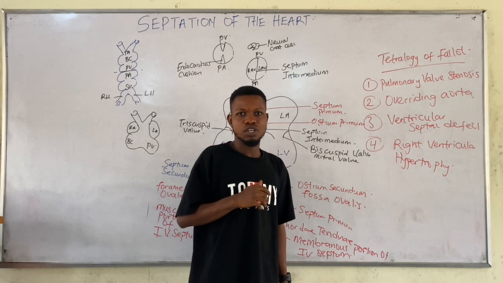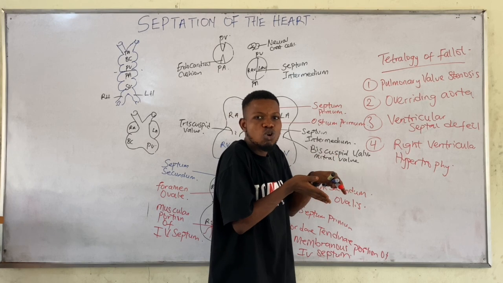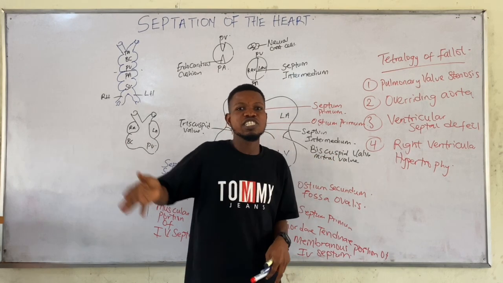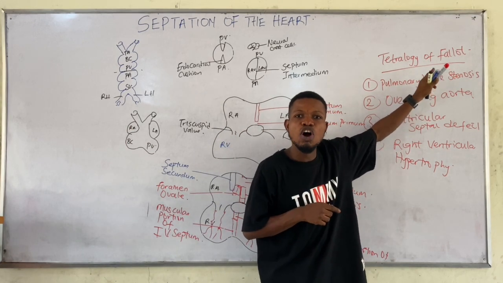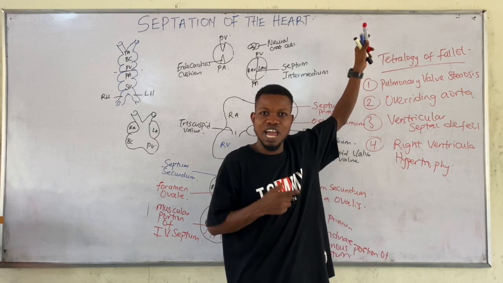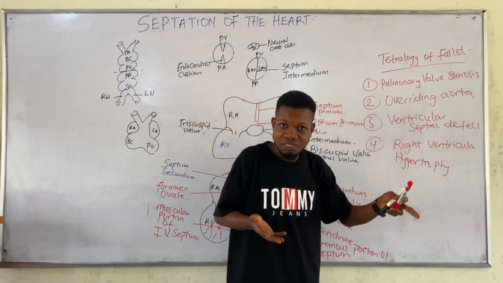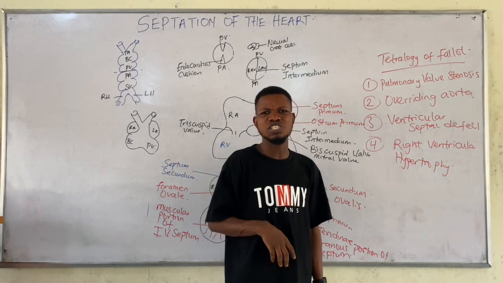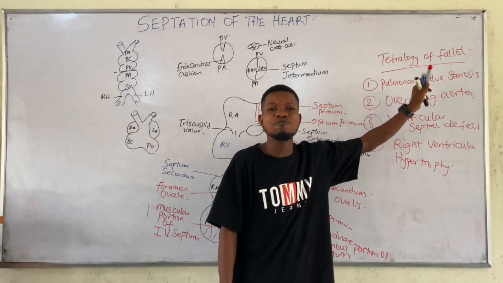So any blood that wants to enter the lungs passes from the right ventricle into the pulmonary valve and then into the pulmonary trunk before it reaches the lung. So when this pulmonary valve becomes stenosed, that tells you that poorly oxygenated blood will not enter the lungs. And you know, if blood is not oxygenated, and those poorly oxygenated blood goes to other parts of the body, it can cause cyanotic disorder, whereby the skin will appear bluish in color. So that is about pulmonary valve stenosis.